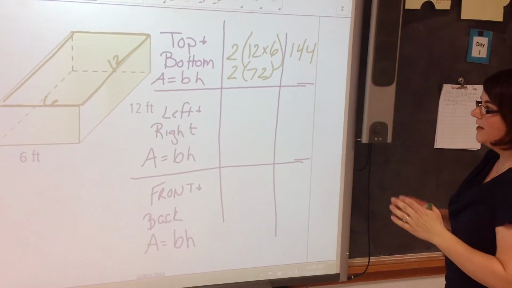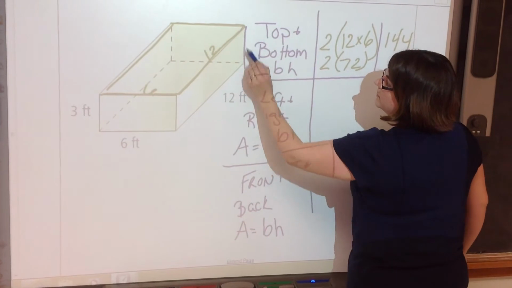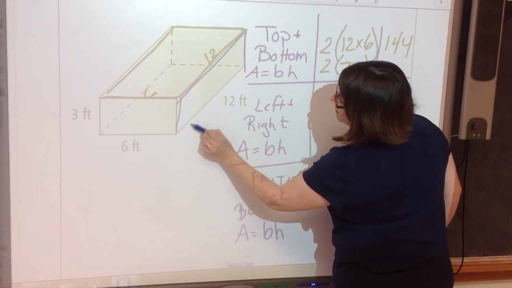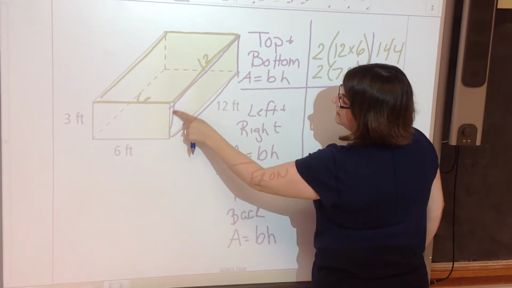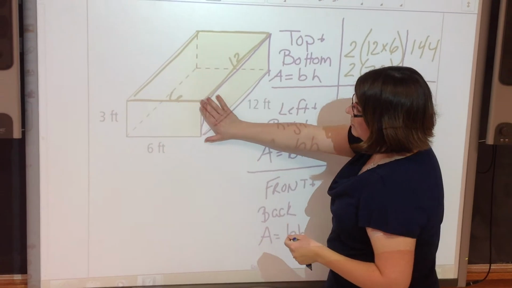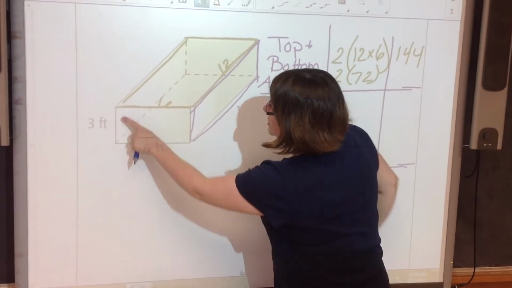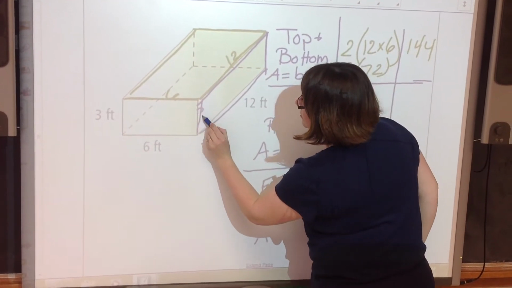Now we have the left and the right side. I'm going to change colors here. I'm going to go blue. Now 12 is the length here. Now we need the height. We need to know how tall that panel is. So if we look across here, we have 3, which is the height here, and we know opposite sides of a rectangle are equal, so the height is 3.